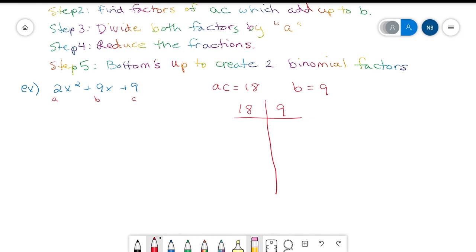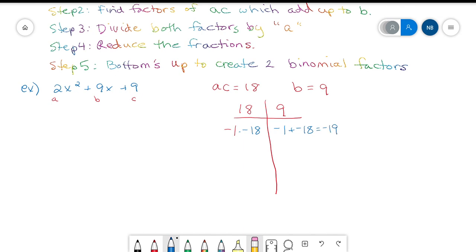Now here's where we're going to automate step 2 a little bit. If you can do this faster, go for it. We're always going to start by dividing the AC number by -1. You can use a calculator for support on this. When you divide 18 by -1, you get -18. Now we're going to take -1 and -18 and add them together.